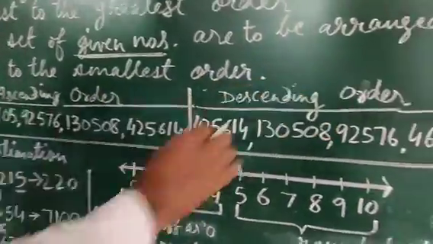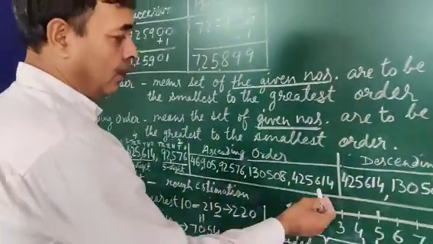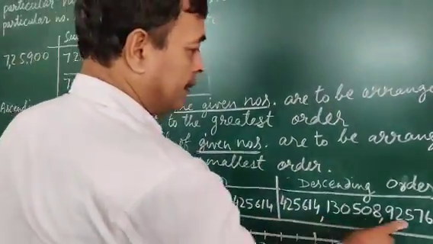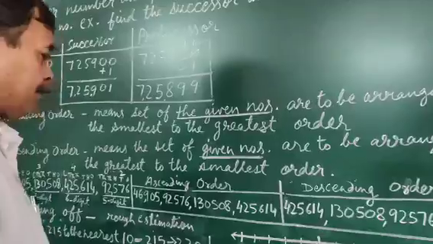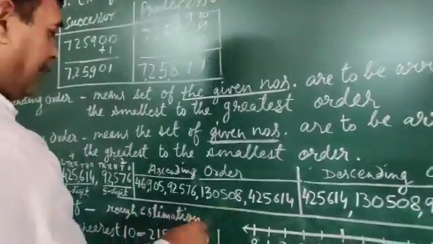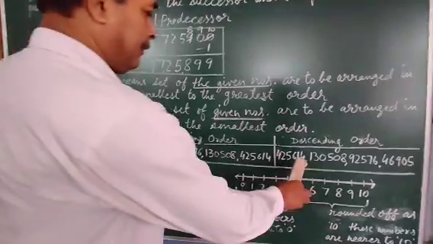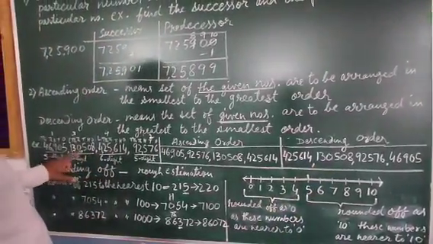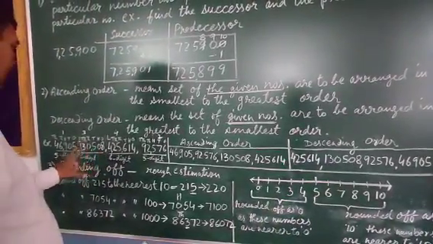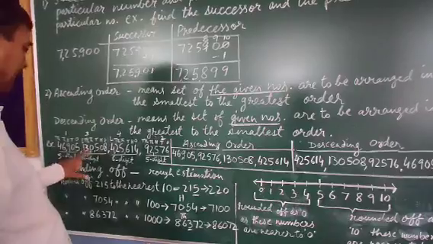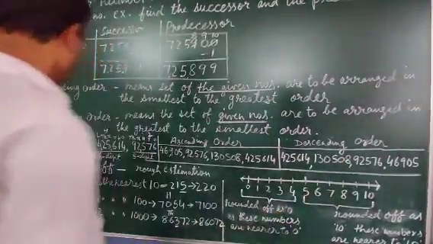Now comes descending order. In descending order, what do we do? We arrange numbers from greatest to the smallest. The greatest number over here is 4,25,614. After that, 1,30,508.